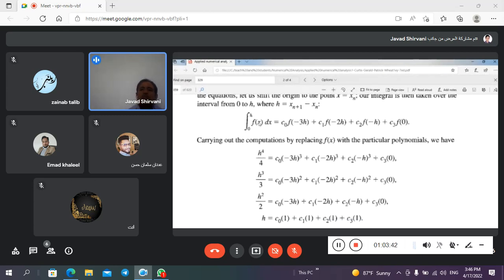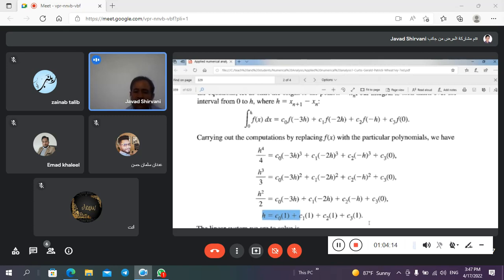We replace the values of f with 1. The integration of 0 to h of 1 dx becomes h, as you can see in the last formula on this screen. h equals c0 times the constant function 1, c1 times 1, c2 times 1, and c3.